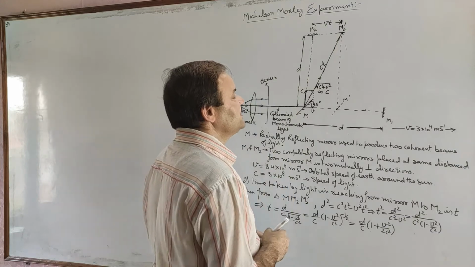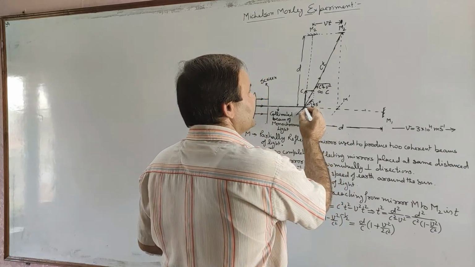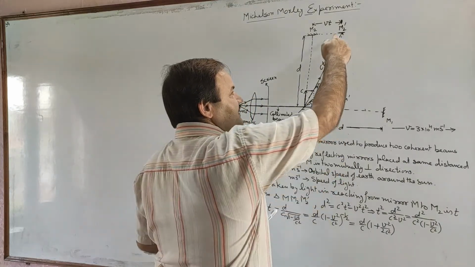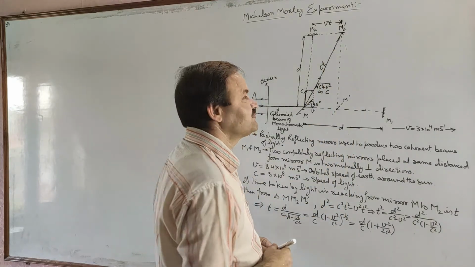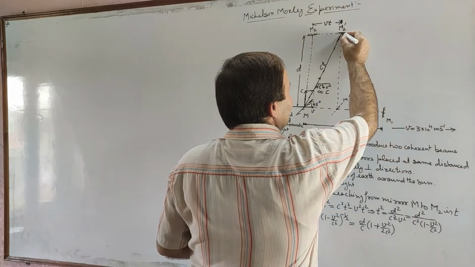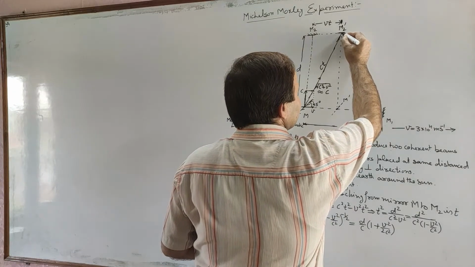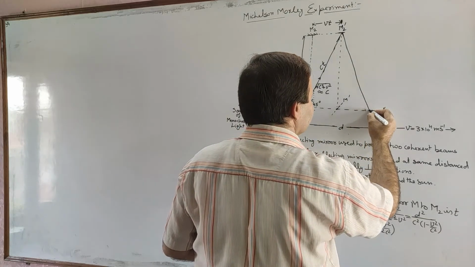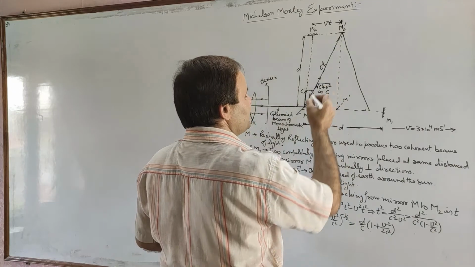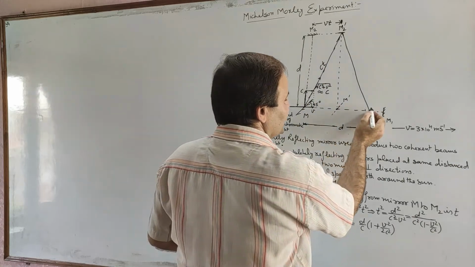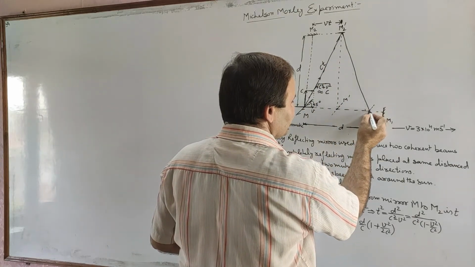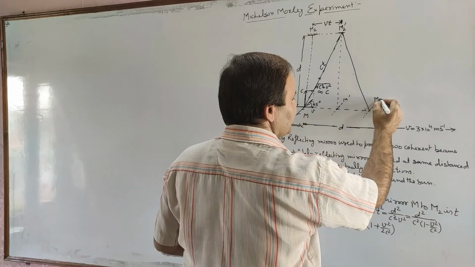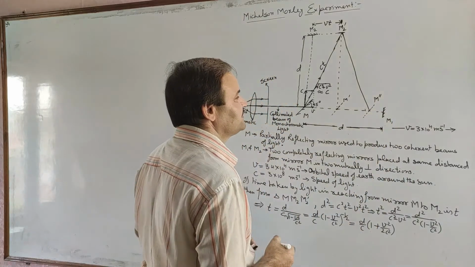It is the time taken by light in reaching from mirror M to M2 dash. Now we will determine the time taken by light in reaching from M to M2 dash and then back to M. And we know that after reflection the light will follow the identical path same as M2 dash to reach back to M at the position M double dash.